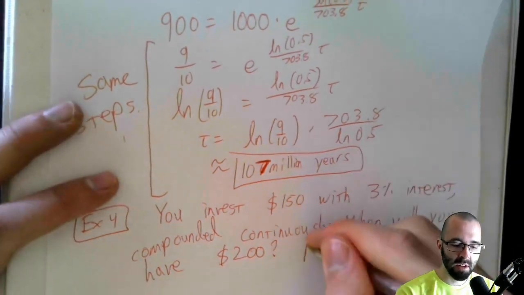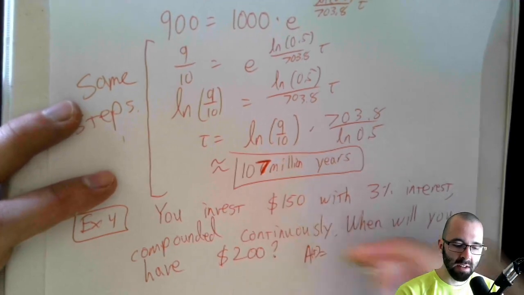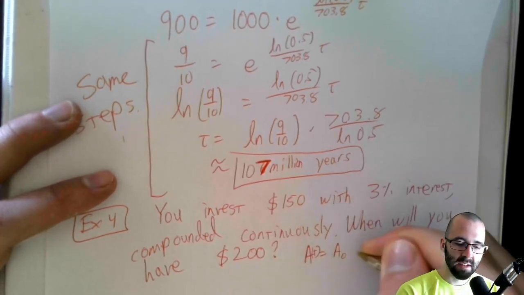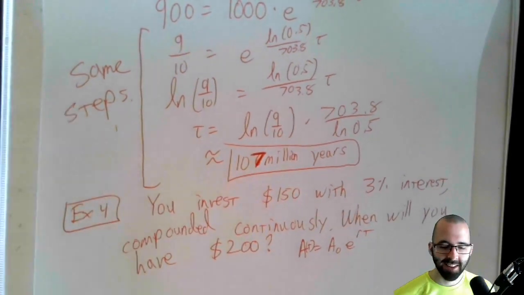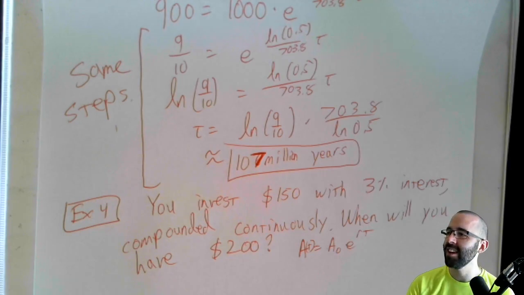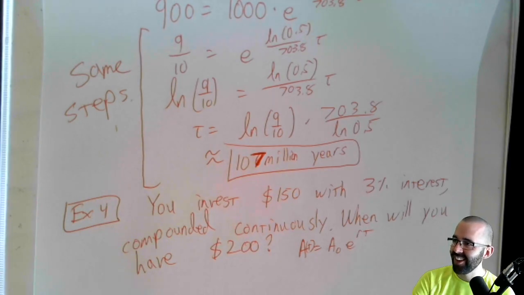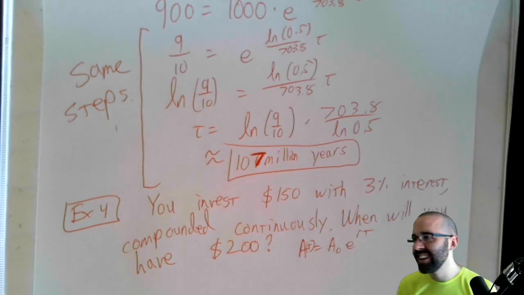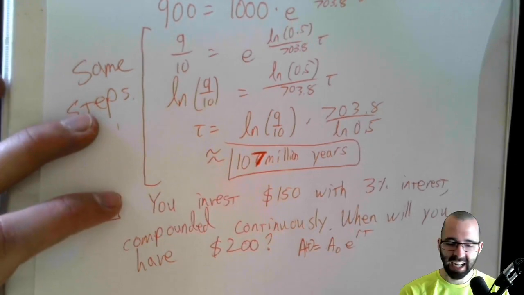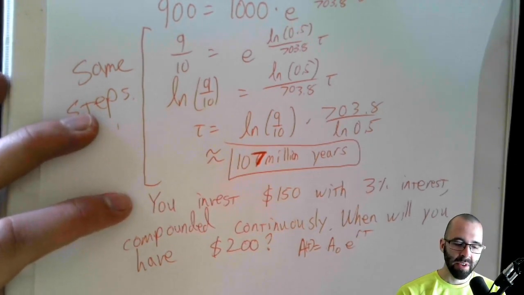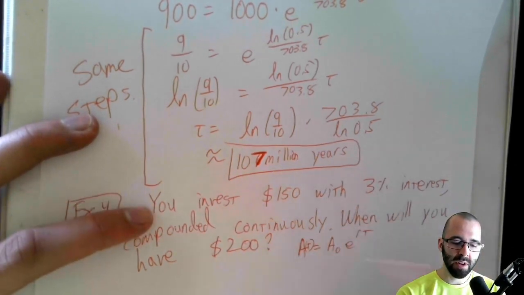So recall, A of t equals A naught e to the rt is our formula here. Don't put a dollar sign in your answer here. When are you going to have $200? Delaney says after $5. No, don't do that. But yeah, don't forget your units. So we're wondering, when do we have $200?